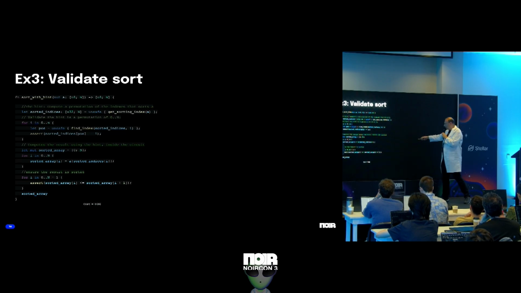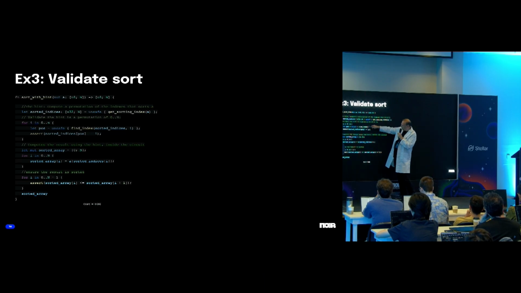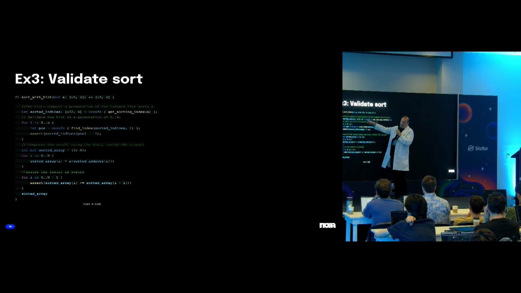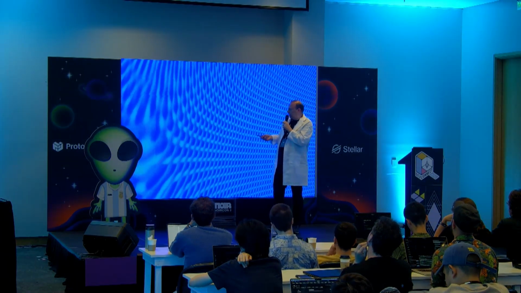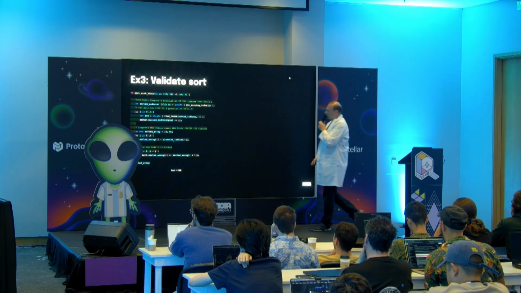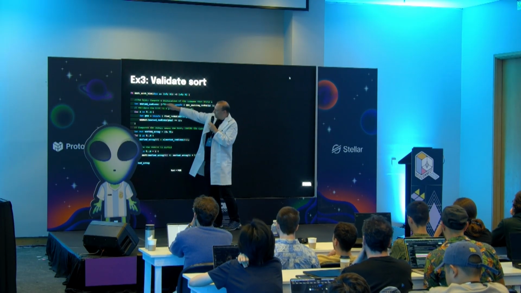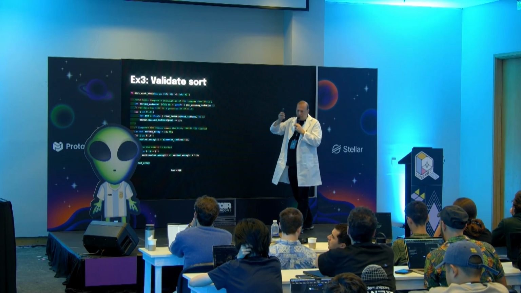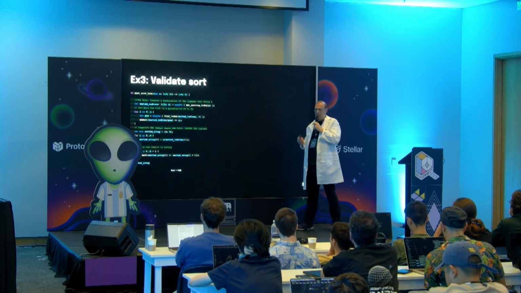Using another unconstrained function, I prove that this array contains all elements between 0 and n minus 1. And since its size is n, it must be exactly this. So what I have proven here is that this array is a permutation of elements from 0 until n minus 1, and that's it.